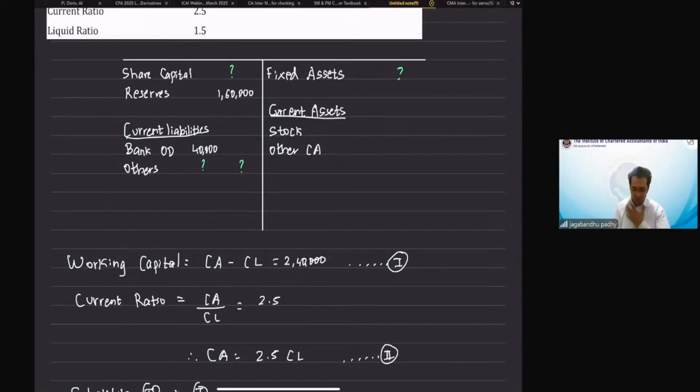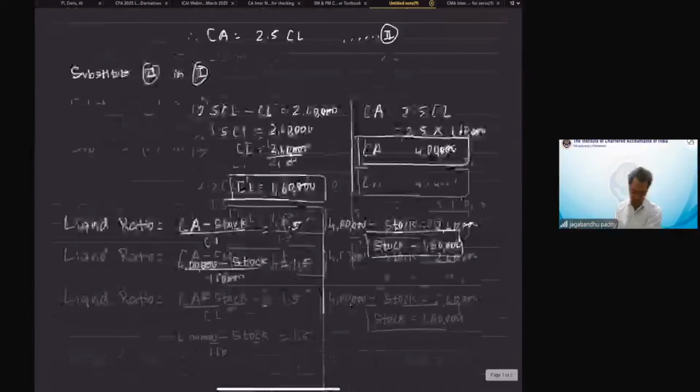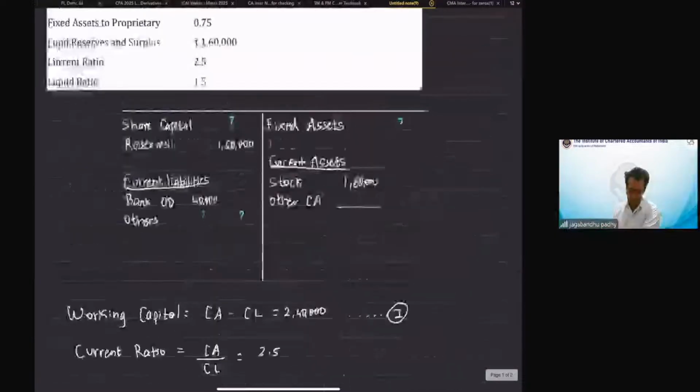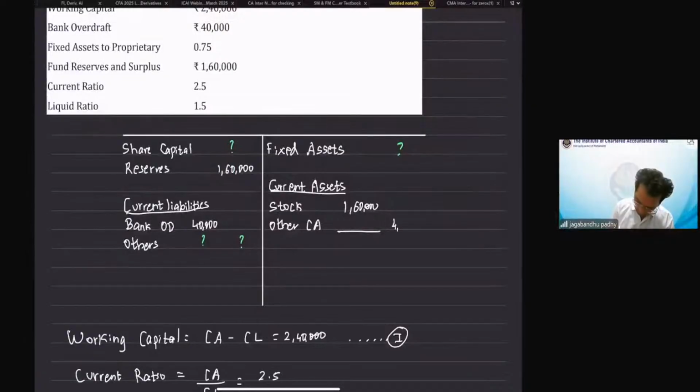We got the value of stock as 1 lakh 60,000. What is the total current assets value? Total current assets is 4 lakh, right? So what number can I designate for other current assets? What is the value of other current assets, guys? 2 lakh 40,000.